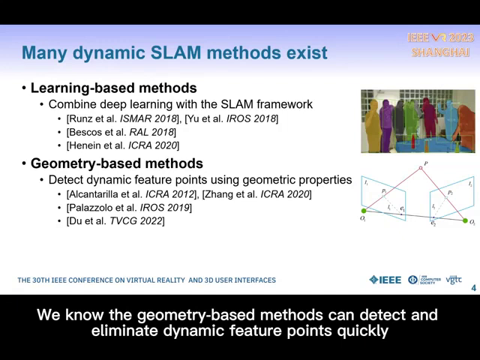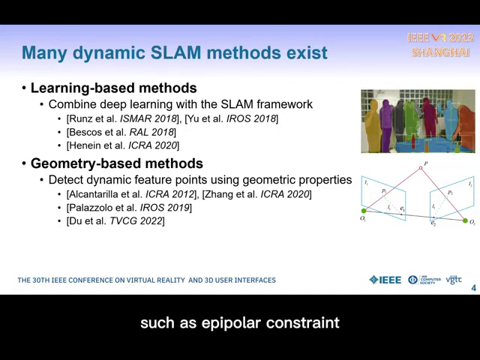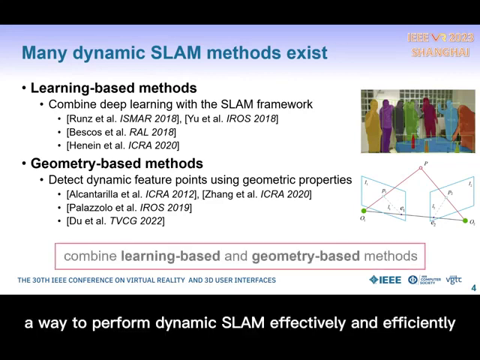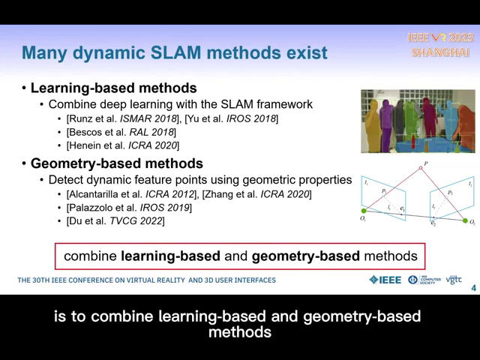We know the geometry-based methods can detect and eliminate dynamic feature points quickly, such as epipolar constraint. However, these methods are not sensitive to small moving objects. Therefore, a way to perform dynamic SLAM effectively and efficiently is to combine learning-based and geometry-based methods.